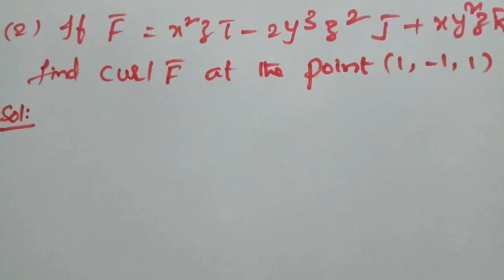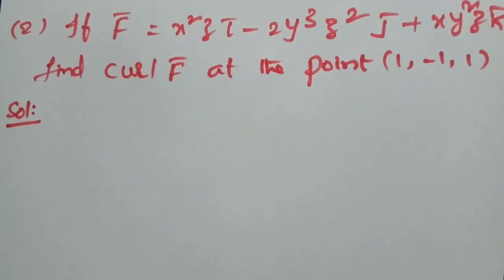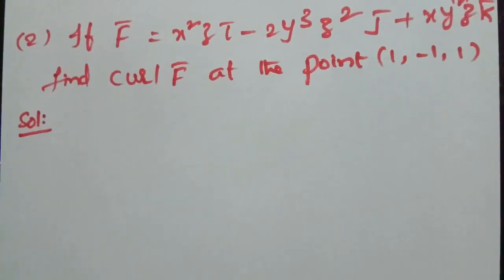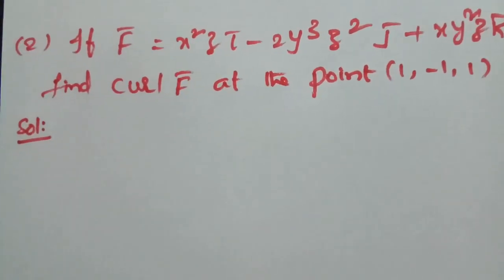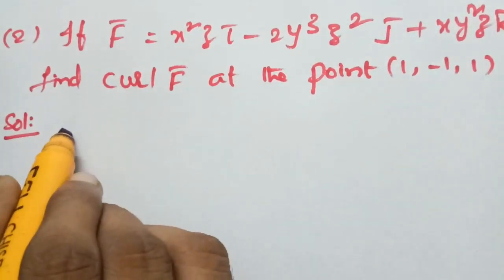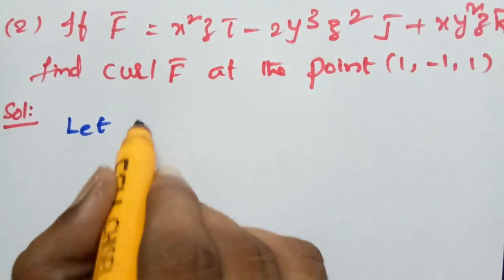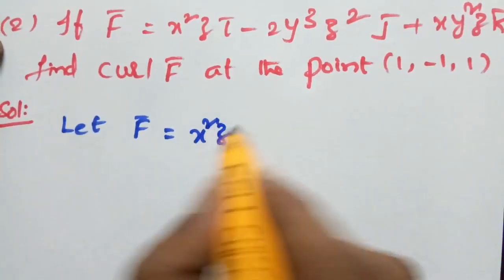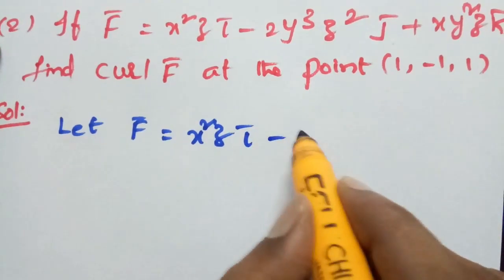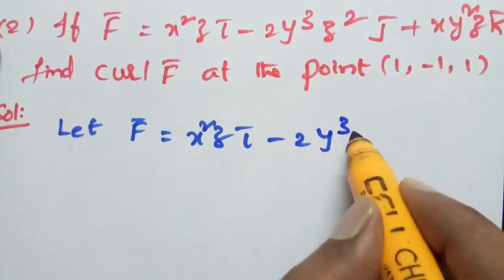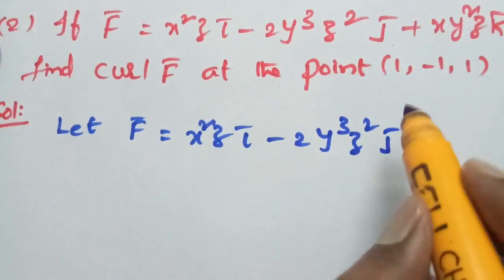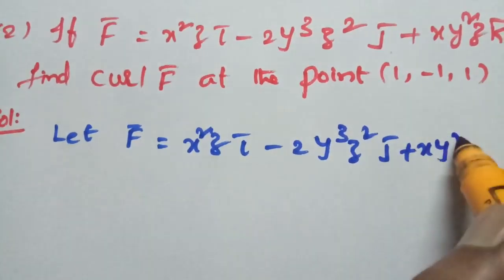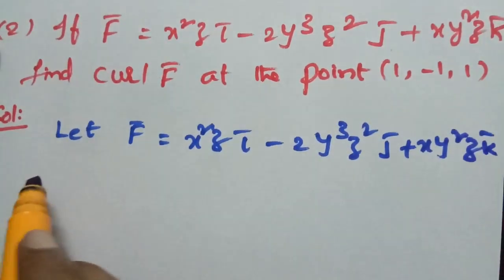Now first write down the given vector point function. Let F bar is equal to x square z i bar minus 2y cube z square j bar plus x y square z k bar.